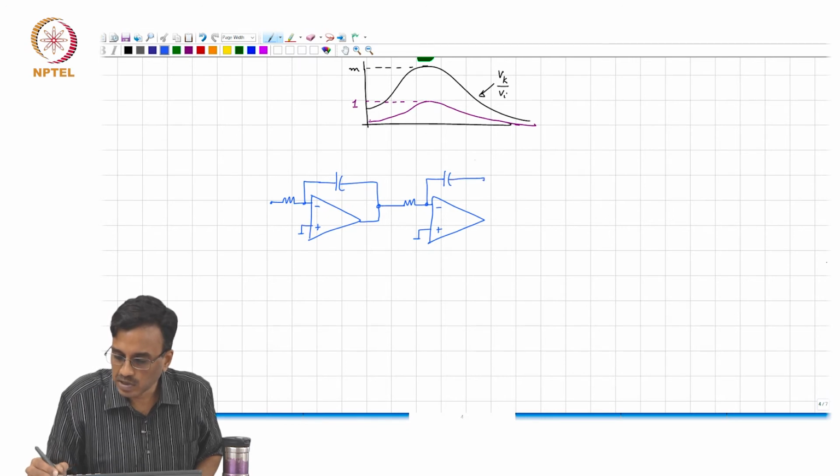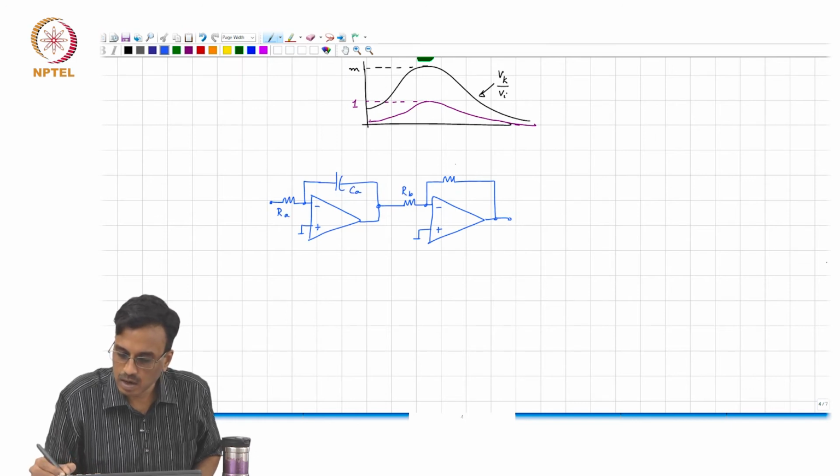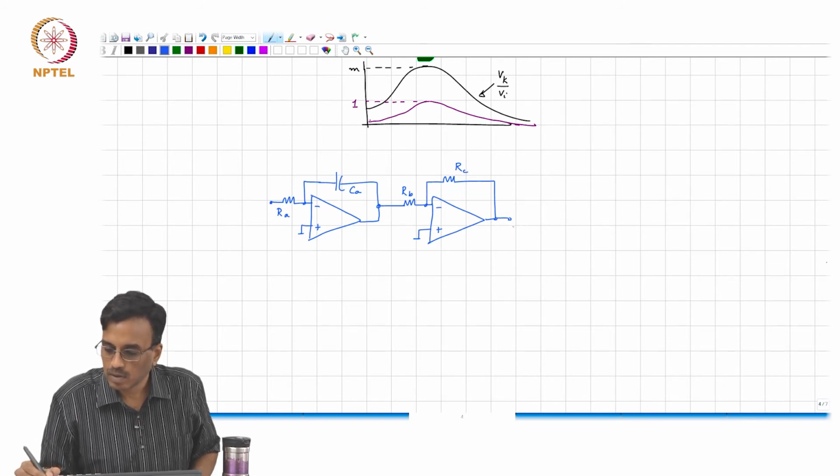And just for argument's sake, I'm going to make this a resistor. Let's call this RA, CA, RB, RC.